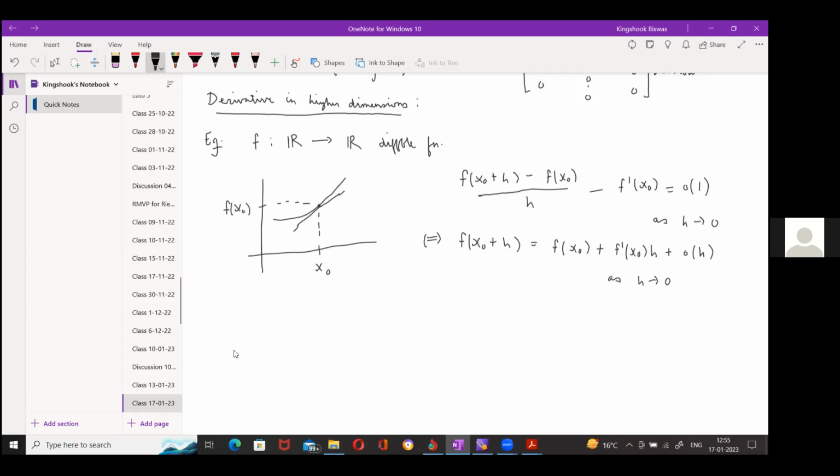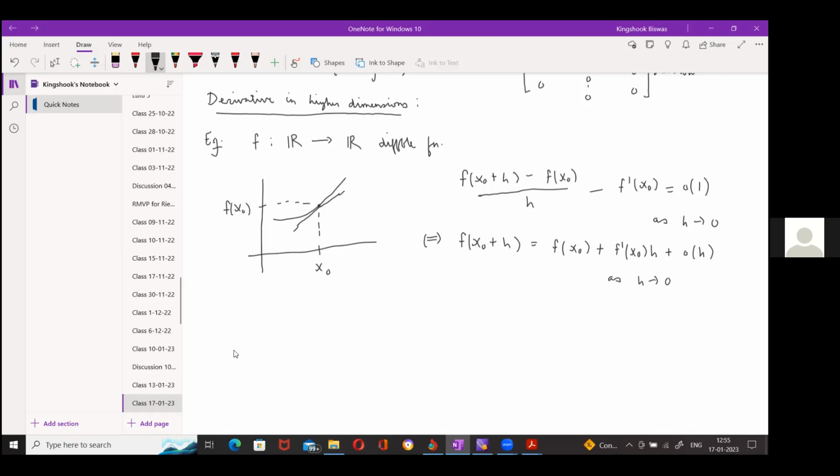So now when I take this to the other side and multiply by h, I get the following equation, right?